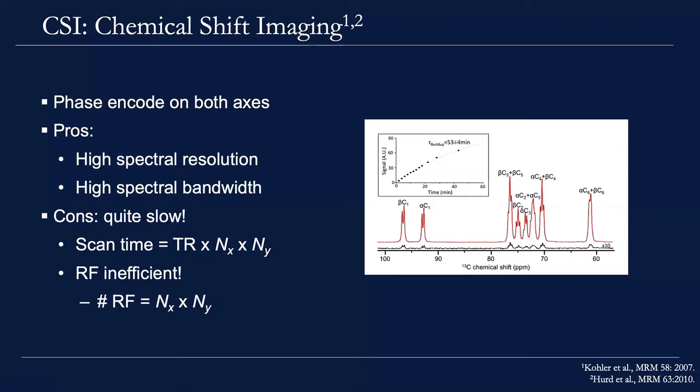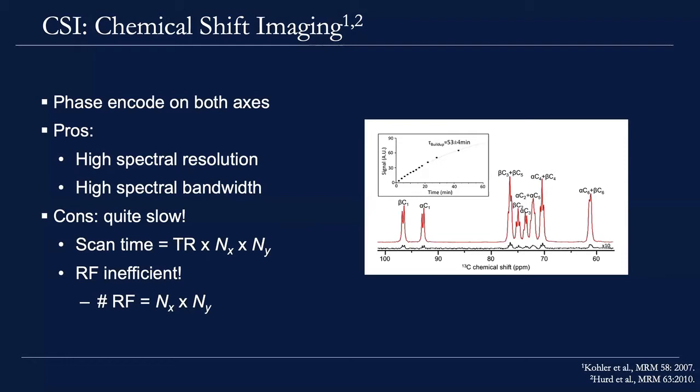But it's also really slow. You need a long TR so that you can acquire an FID for each point. So let's say your TR is 100 milliseconds and you want to acquire an 8x8 matrix, which is pretty coarse when you get down to it. That's 6.4 seconds right there for a single slice.